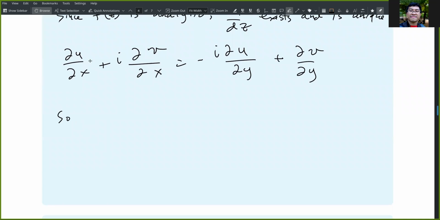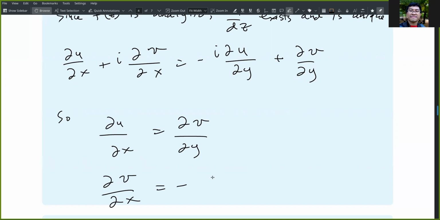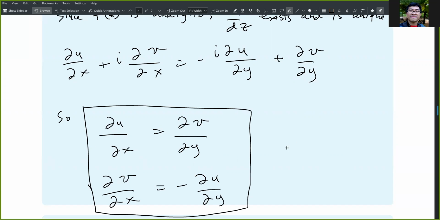So we just compare these two sides. Partial u with respect to x is equal to partial v with respect to y, and partial v with respect to x equals minus partial u with respect to y. And this is our Cauchy-Riemann conditions.